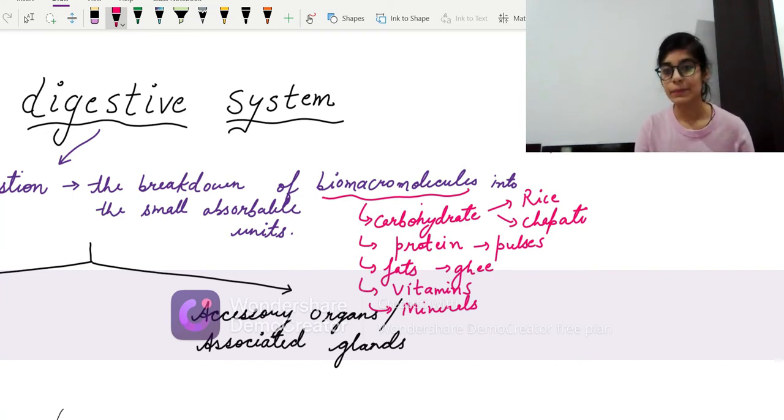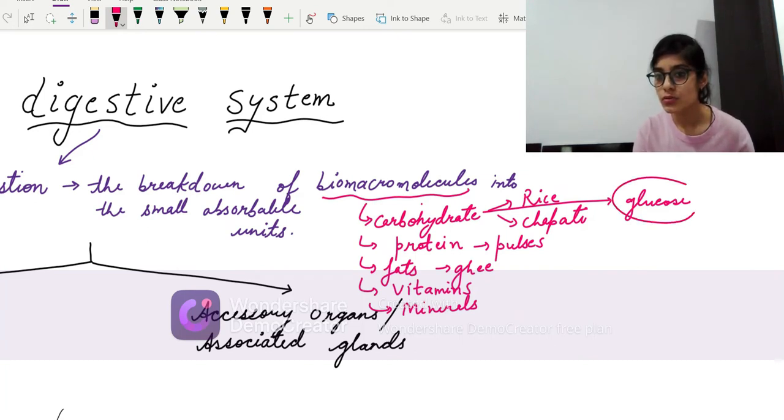So when we eat chapati, when this chapati goes into our stomach, this carbohydrate gets converted into glucose, right? In our stomach and in our small intestine, this carbohydrate is broken down into glucose.